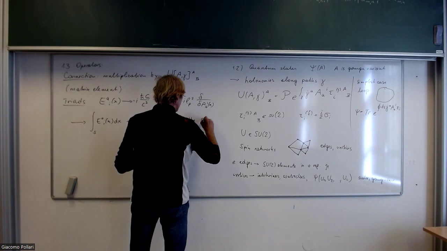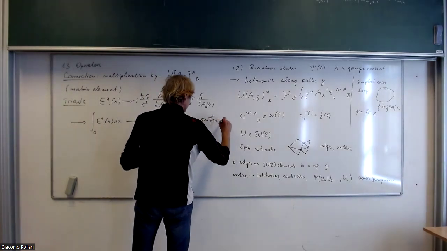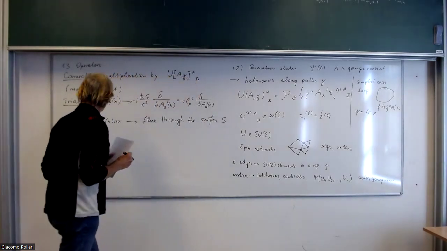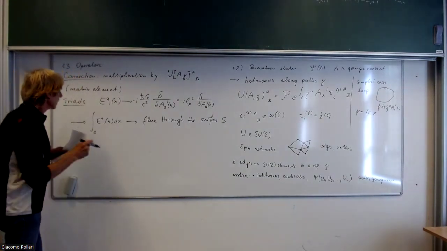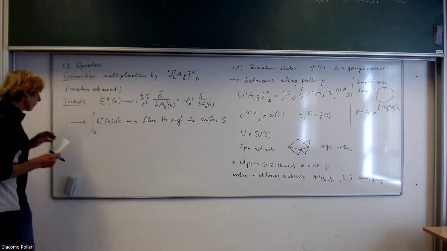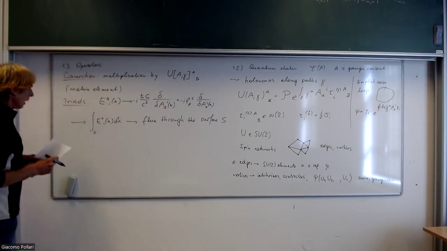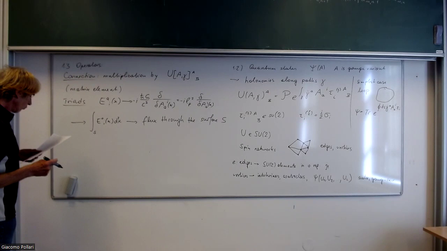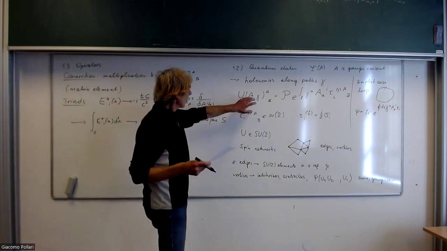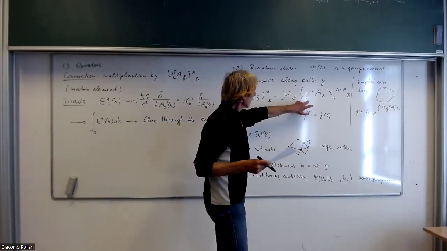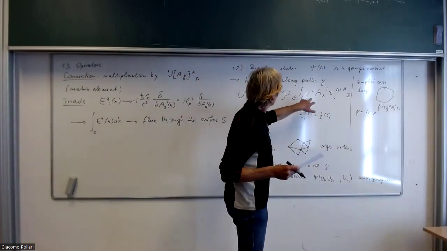Surface. So what is the D2X? Also, one form: the Lie algebra valued one form is integrated along paths.